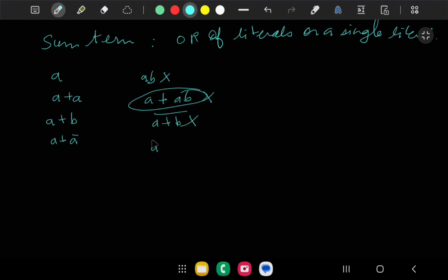Now this is a sum term over here. Now A plus B plus C complement. Right?